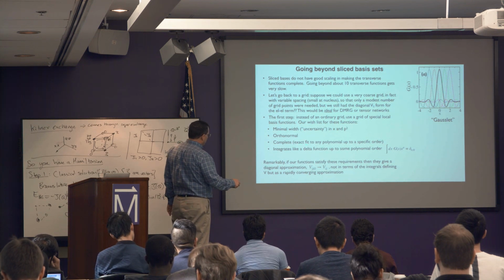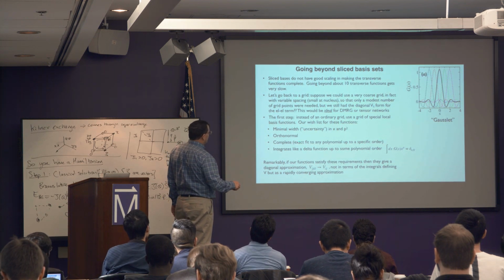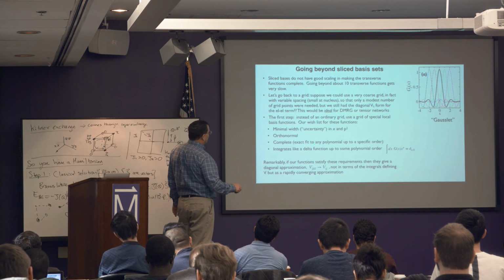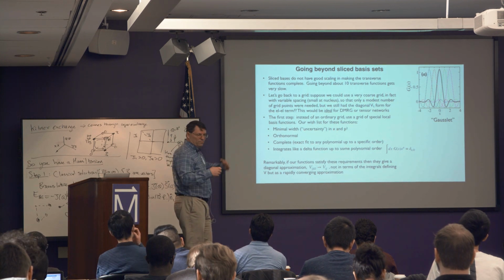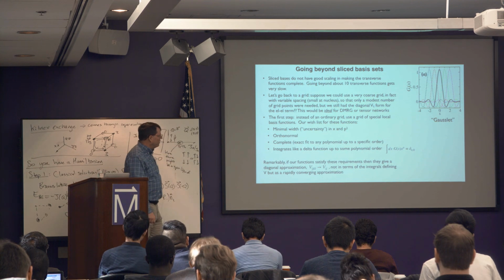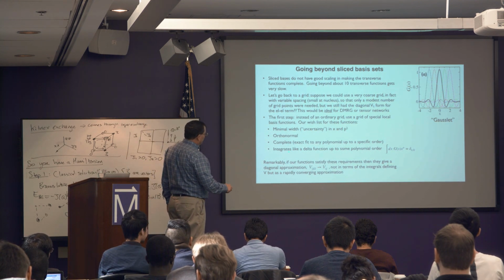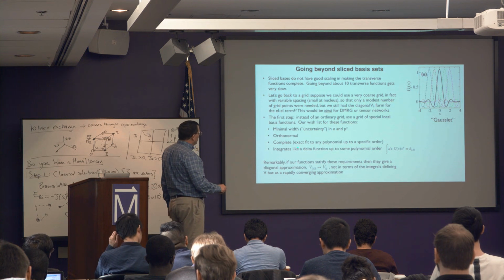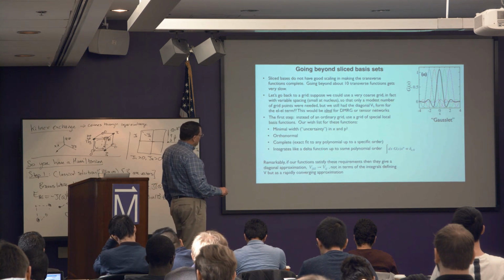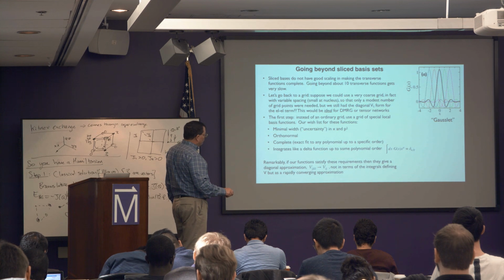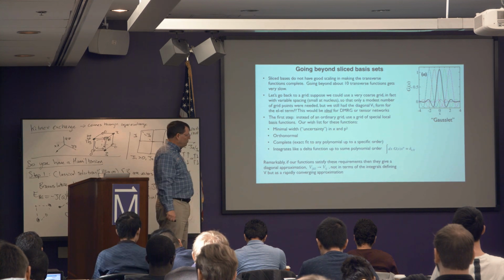But we also want these to be complete in some sense. So the standard way to think about that is it should exactly fit a polynomial up to a specific order, which should be as high as you like. And then the last criteria, which is something you don't hear about very often, is it's very useful to make it integrate like a delta function for test functions that are polynomials.